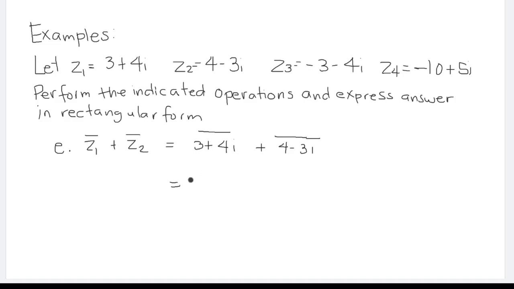So from 3 plus 4i, the opposite sign of positive is negative, so this is 3 minus 4i, plus 4 minus 3i, the opposite of negative 3i is positive, so this is 4 plus 3i. Then we perform the addition: 3 plus 4 is 7, and negative 4 plus 3 is negative i. So this is the result. We add the conjugate of C1 plus the conjugate of C2.